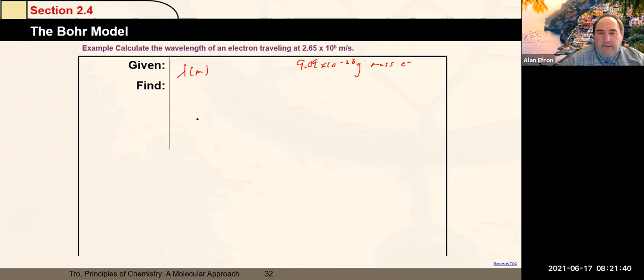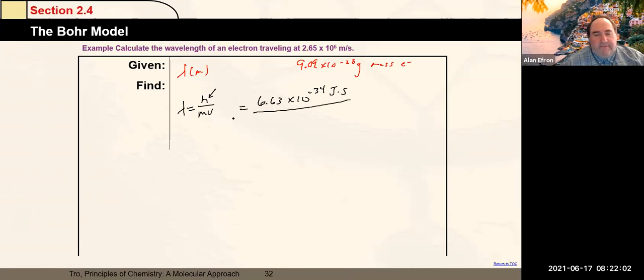Okay, so let's take a look here. So we can calculate the de Broglie wavelength, which means we definitely want to use the formula we just saw. And again, a couple important things about this one. h is Planck's constant, so that would be our 6.63 times 10 to the minus 34 joules times seconds, divided by our mass. Again, when we're using this, it has to be in kilograms.